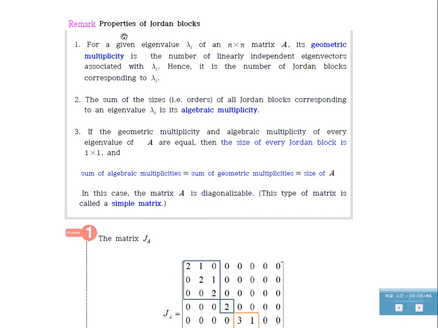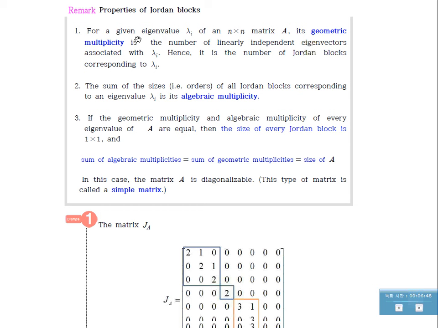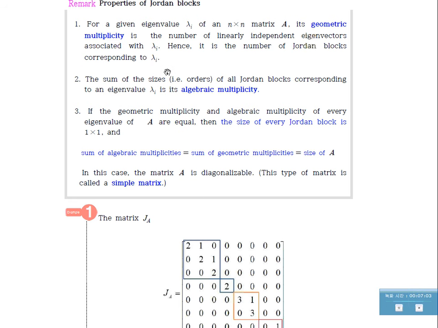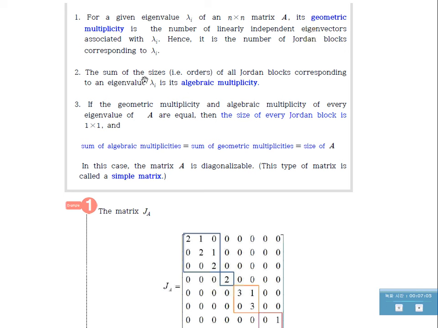Remark. What are the properties of Jordan blocks? For a given eigenvalue lambda i of an n by n matrix A, its geometric multiplicity is the number of linearly independent eigenvectors associated with lambda i. Hence, it is the number of Jordan blocks corresponding to lambda i, and the sum of sizes of all Jordan blocks corresponding to an eigenvalue lambda i is the algebraic multiplicity.